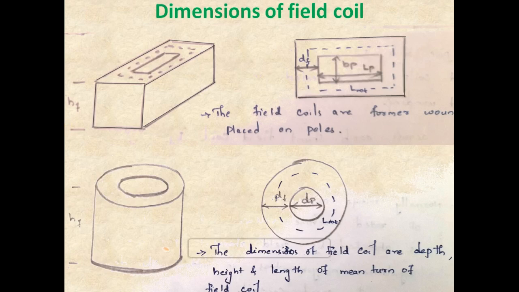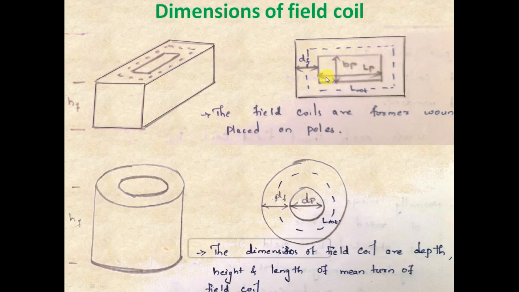First, let's see the design of rectangular field coil in detail. If we see in this diagram, the inner rectangle is representing the rectangular pole core, and the outer portion is indicating the rectangular field winding. The top cross-sectional view is indicated here. So this portion is the rectangular pole core, and the outside rectangle is the field winding.